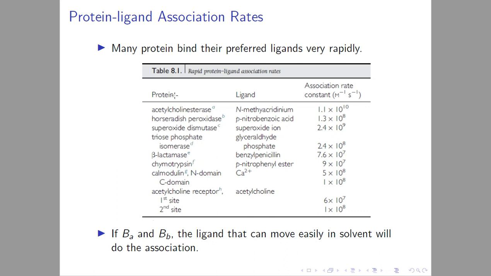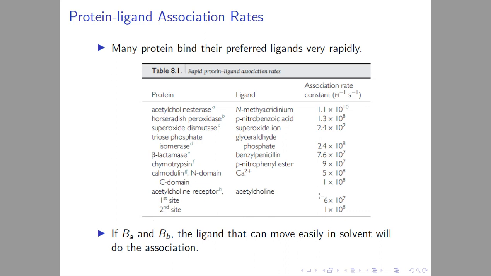These are A and B, and this is the association rate that produces C. And if A and B, the ligand, can move freely in the solvent, they will do the association. So we have D_A and D_B, moving freely and doing the association.